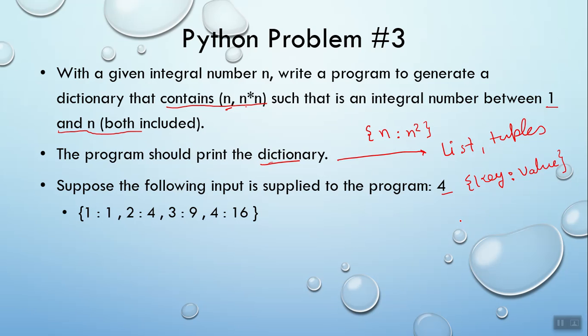Like if you open your book, there will be a word and the meaning of the word. Same thing here, dictionary, key and value. We'll be using the given number n as the key, and the value is going to be the square of the number. That's how we solve the problem.